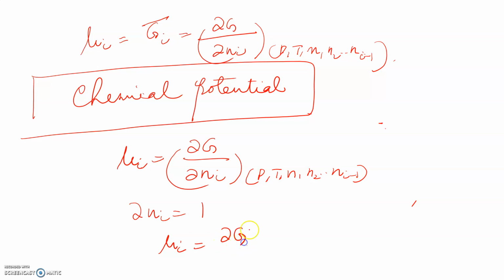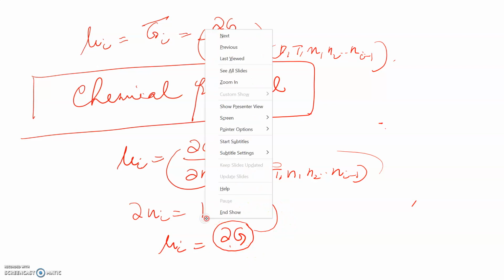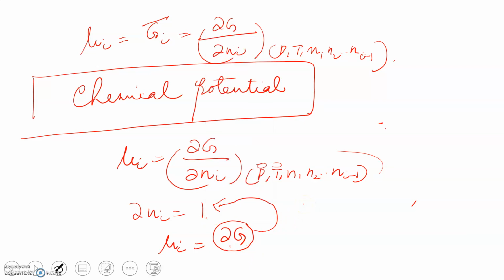So what is chemical potential? It is the change in free energy produced by the addition of 1 mole of the component. At what condition? At constant pressure and constant temperature, as well as the other components of the system. Okay, so it is the change in free energy produced by the addition of 1 mole of a component at constant pressure and temperature.